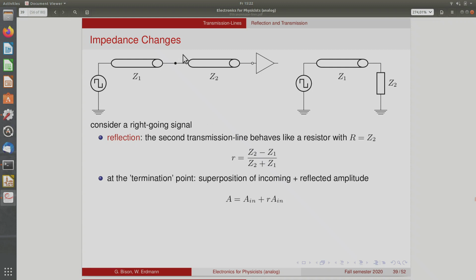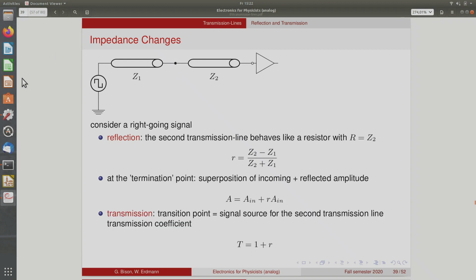So the first thing that happens when you have an impedance change is that a part of your wave will be reflected back. The other thing that happens is, of course, that the part that is not reflected back will travel on in the second transmission line. So this point here acts as a signal source for the rest of your transmission line.